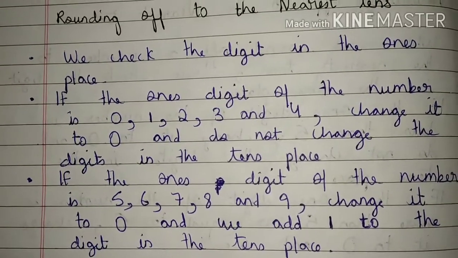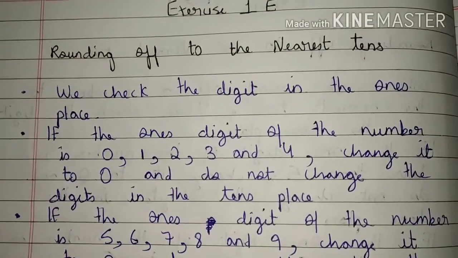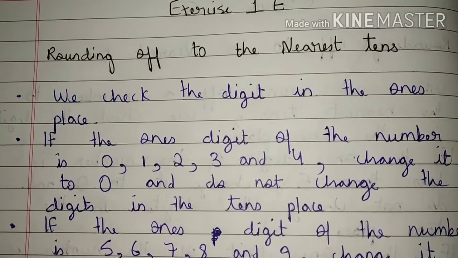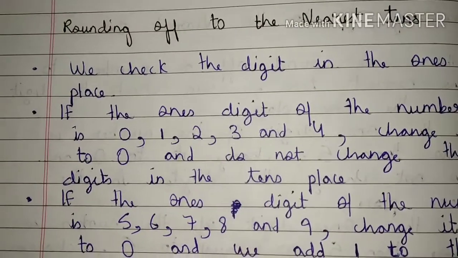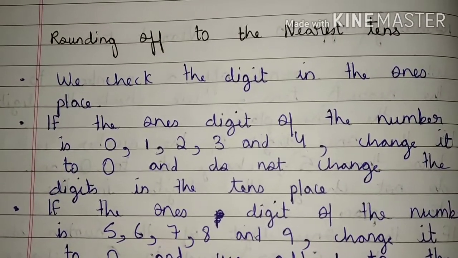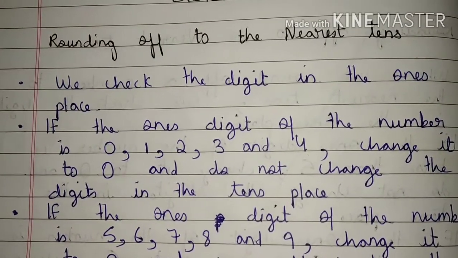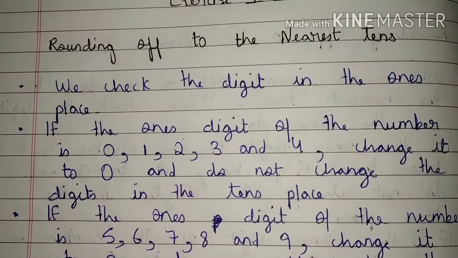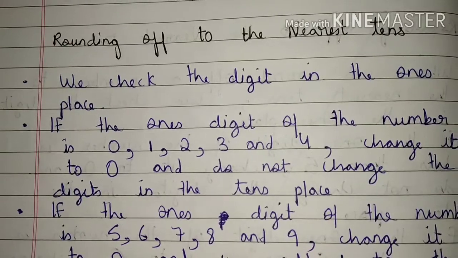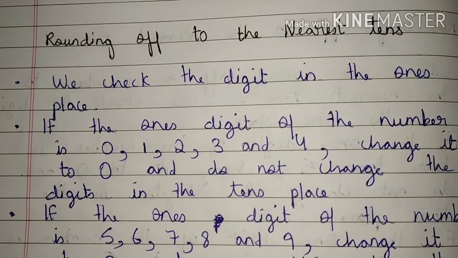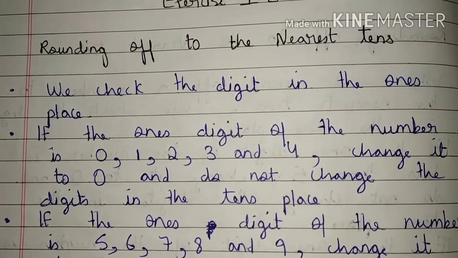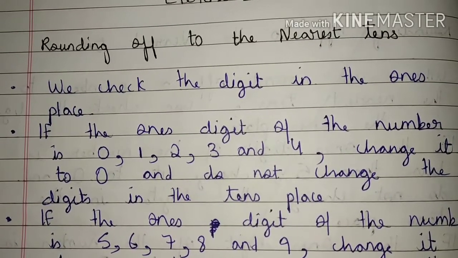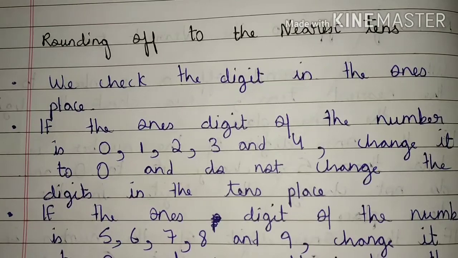Students, when you have to round off a number to the nearest 10, you will check the digit in the ones place. If the ones place digit is less than 5, that is, if it is 0, 1, 2, 3 and 4, then you will write 0 in the ones place and you will not change the digit in the tens place.